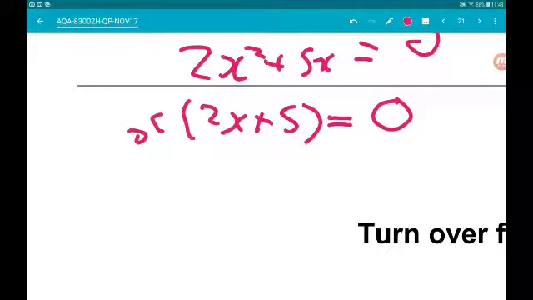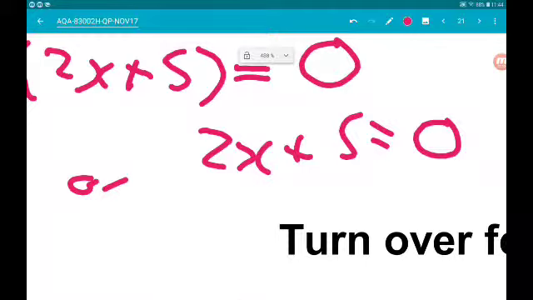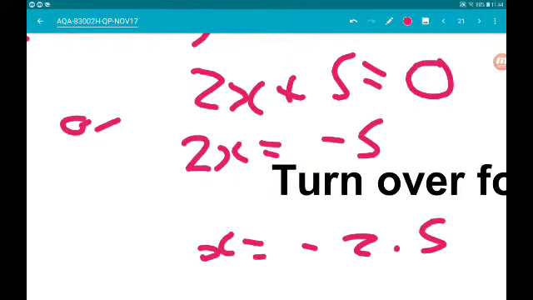So we would have got x is equal to 0, or 2x plus 5 was equal to 0, which would have given us 2x is minus 5, so x is minus 2.5, which is the one that he got, but he lost x equals 0.